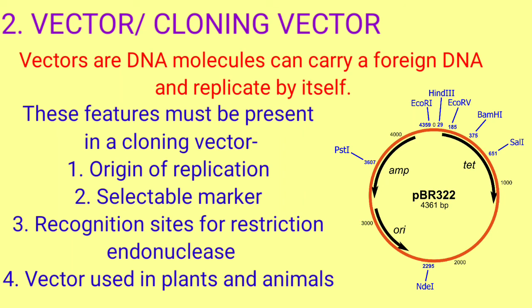So the DNA of these two types, that found in bacteria and the other found in virus, are used as cloning vectors, so that the foreign gene that we have brought from a desired organism can be replicated in these vectors. And what is the purpose of replication? That is to multiply the gene or to complete the central dogma process of the foreign gene, so that we can study the nature of the gene.